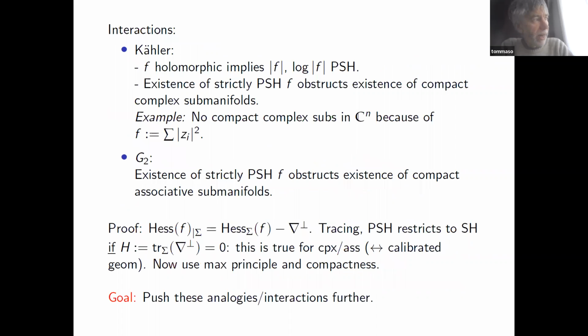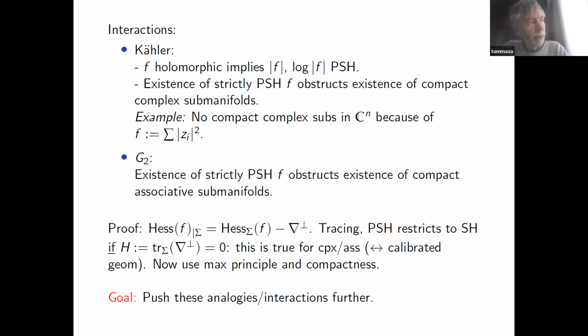Okay, so I said we are mostly interested in how function theory and geometry interact. So first, let me just remind you that the function theory in the Kähler case also interacts. Holomorphic functions generate plurisubharmonic functions by taking the modulus.